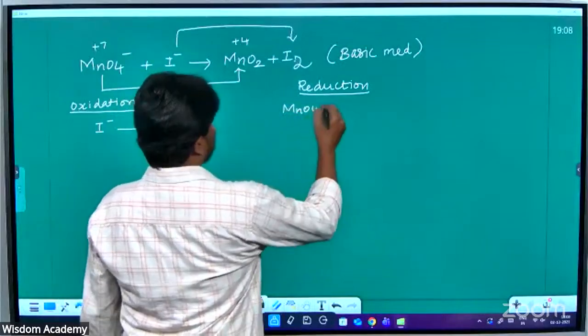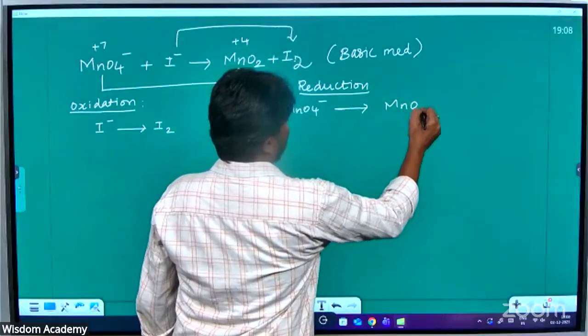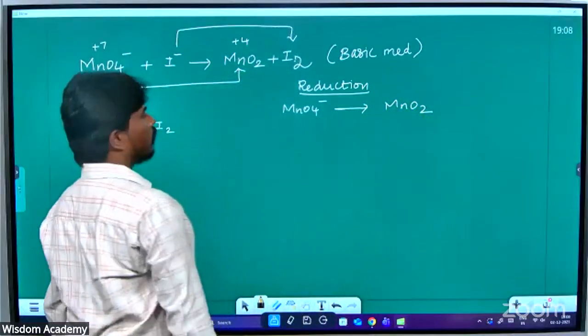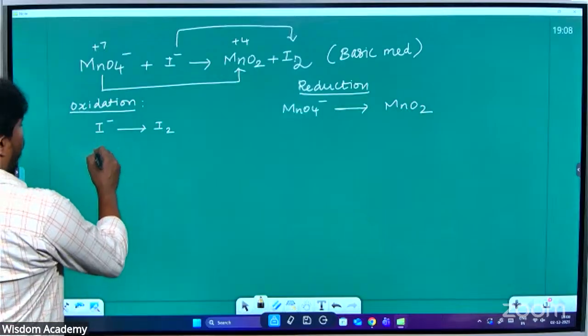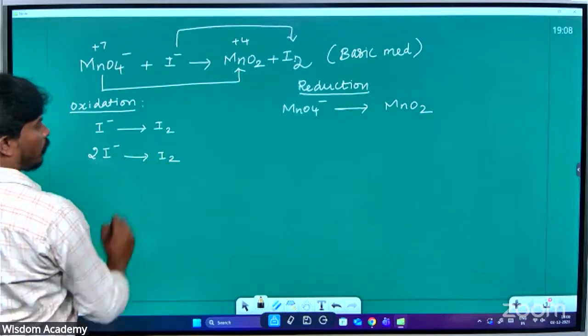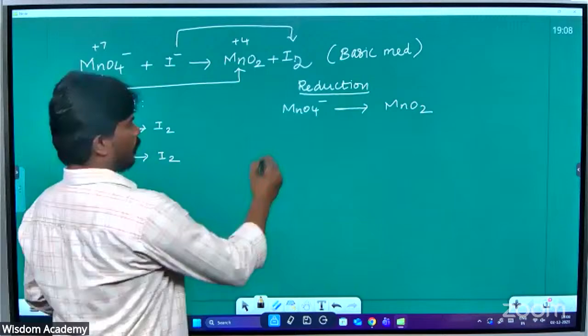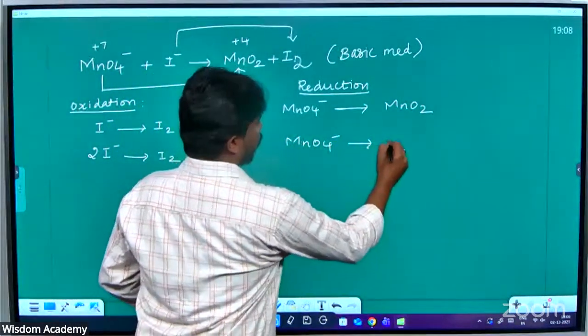MnO4 minus gives MnO2. This is the fundamental step. You split up into two half reactions and then balance the other atoms involved. Here 2I minus gives I2. And MnO4 minus gives MnO2.